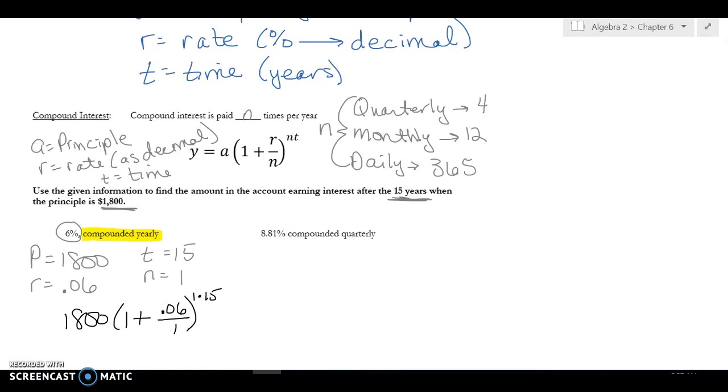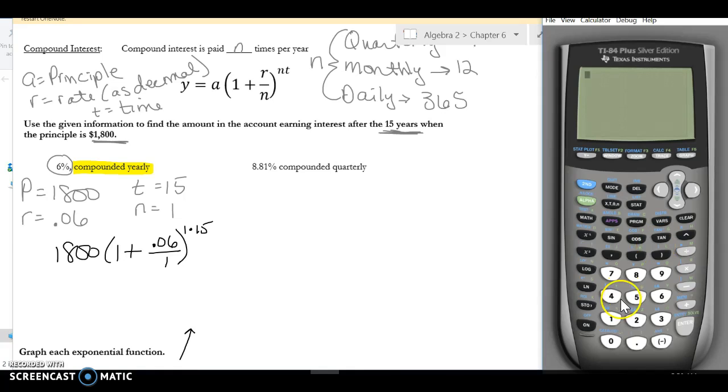So let me pull up my calculator so we can see what happens here. Okay, so let's plug this in. 1,800, parentheses, 1 plus 0.06 divided by, oh, I have too many 06s. Just start over. Should have just done something else, but that's okay.